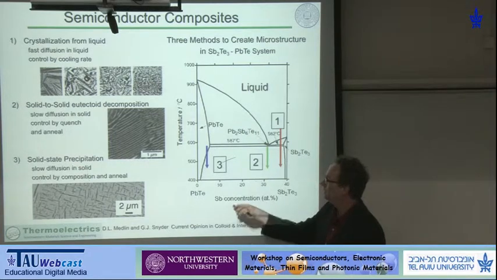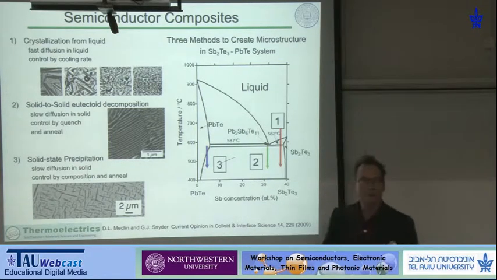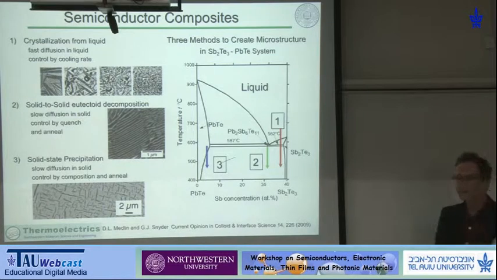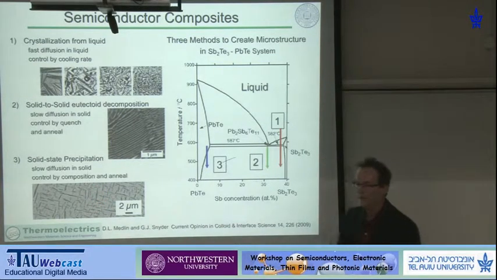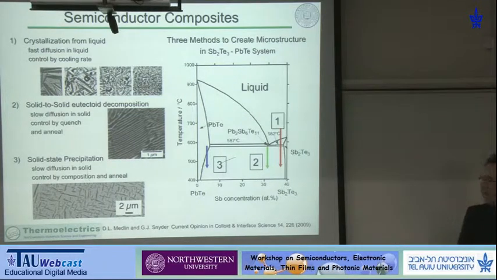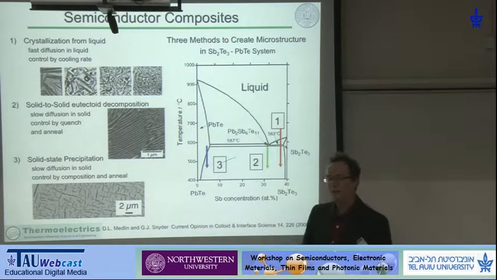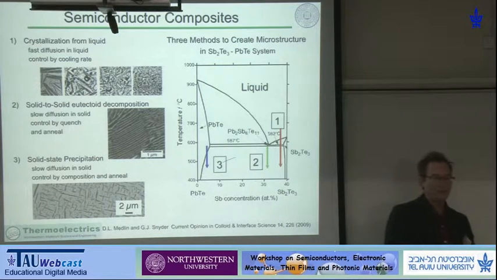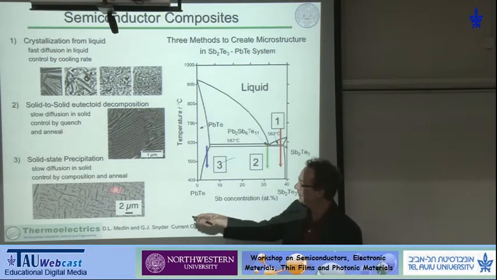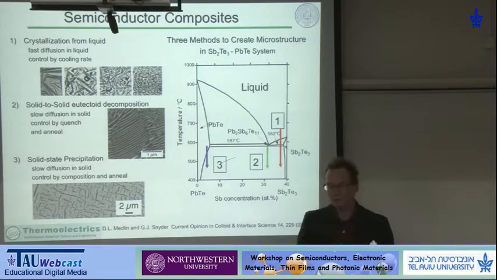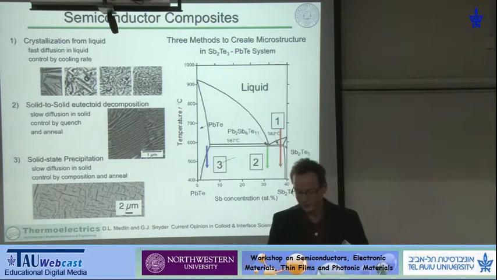And then the last example is the solid state precipitation, which is what we saw with the zinc antimonide, where we've got nanoparticles coming out of a solid solution. And when these precipitate in the solid, we have good epitaxial-like arrangement of the interfaces between there. You can see from the ordered structure that there's crystallographic alignment.